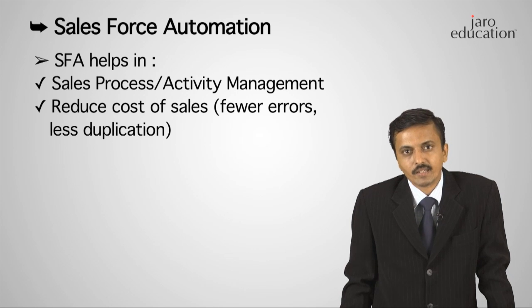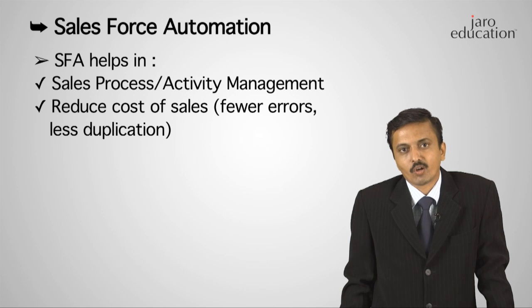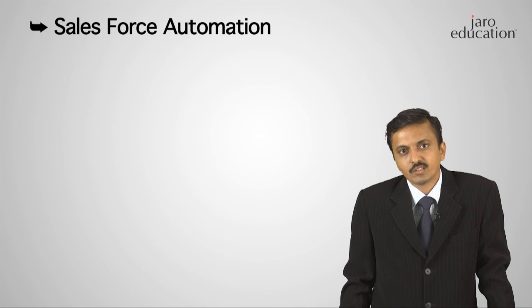For example, if I take placing an order, it gives a pop-up, a hint, to remind me every now and then what I asked initially: am I firm, or do I remain with the same quantity or same product. That reminder is possible only in the technological version undertaken in Salesforce automation.